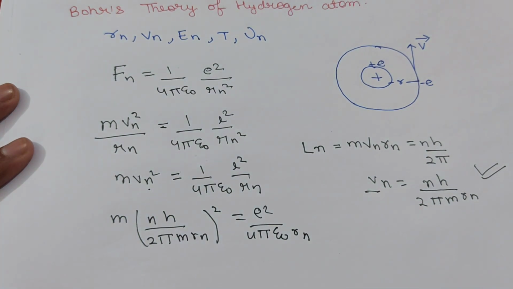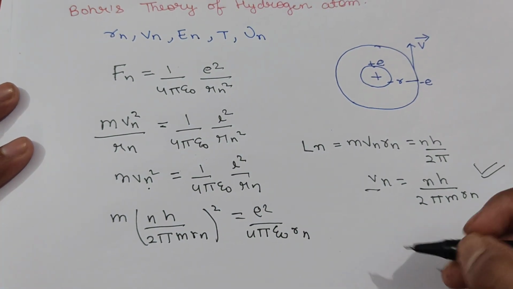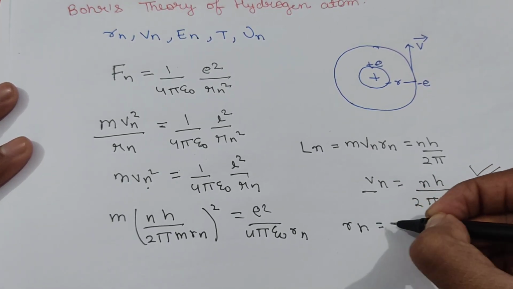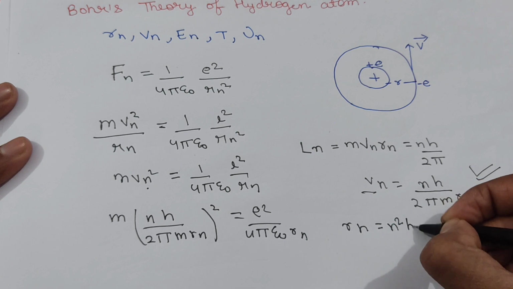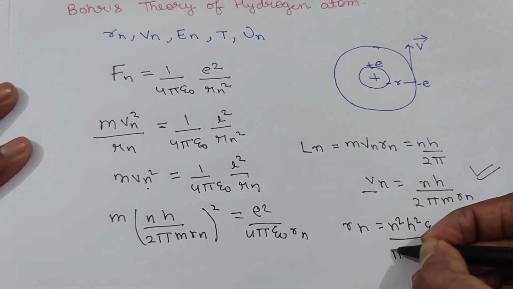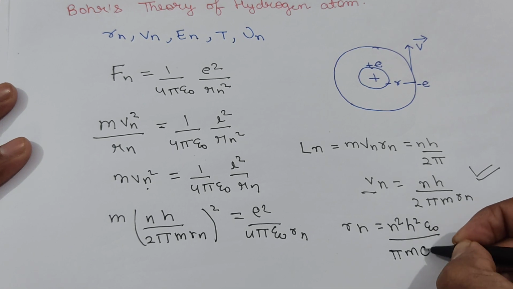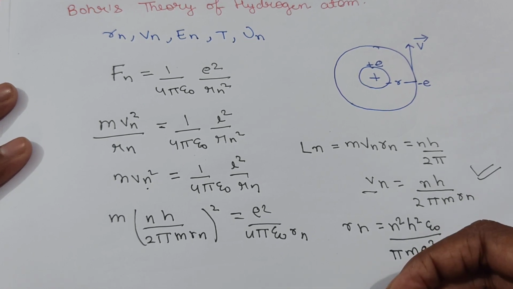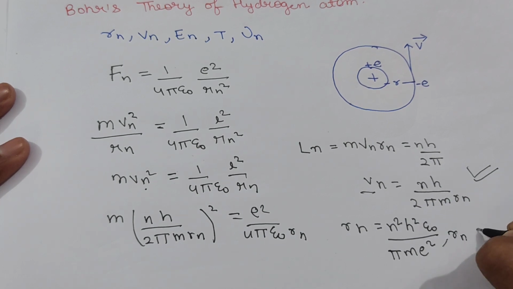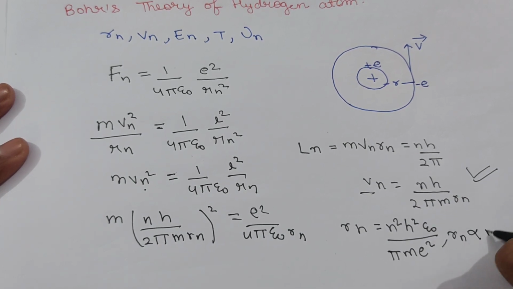After solving this, we'll get Rn is equal to n square h square epsilon naught divided by pi m e square. Here we can find the relation that R is proportional to n square.